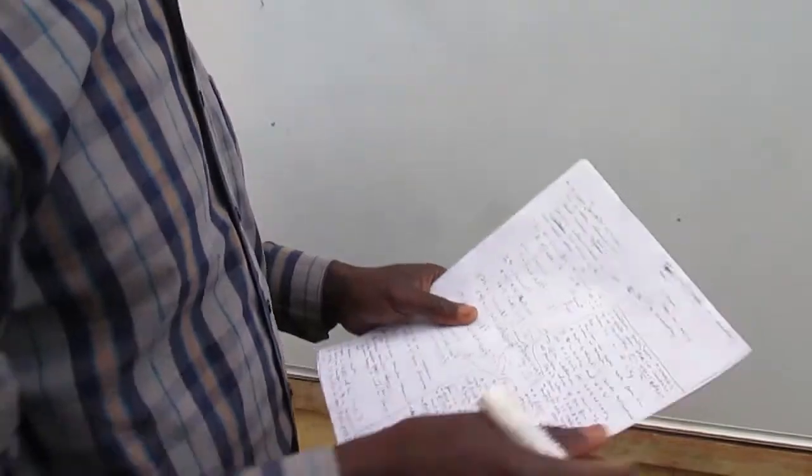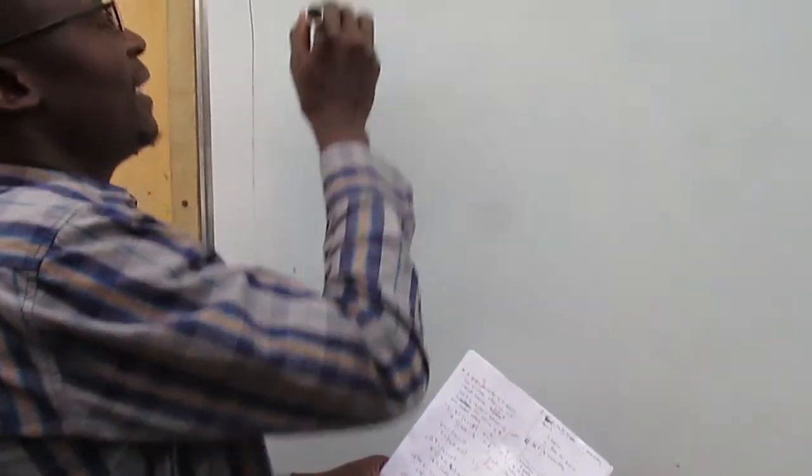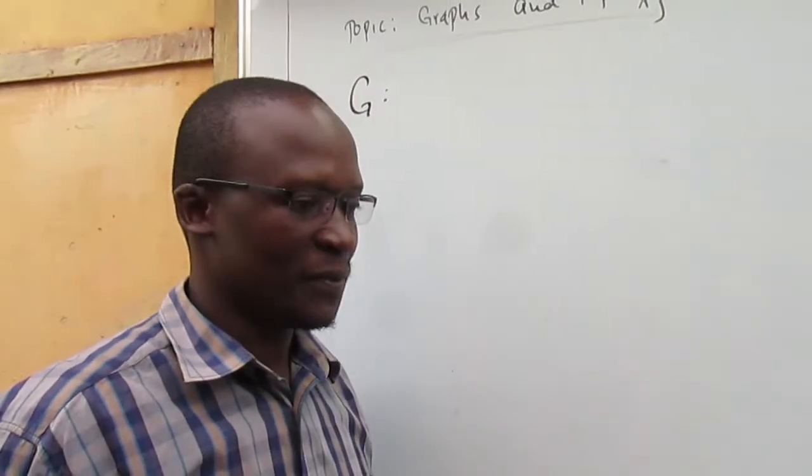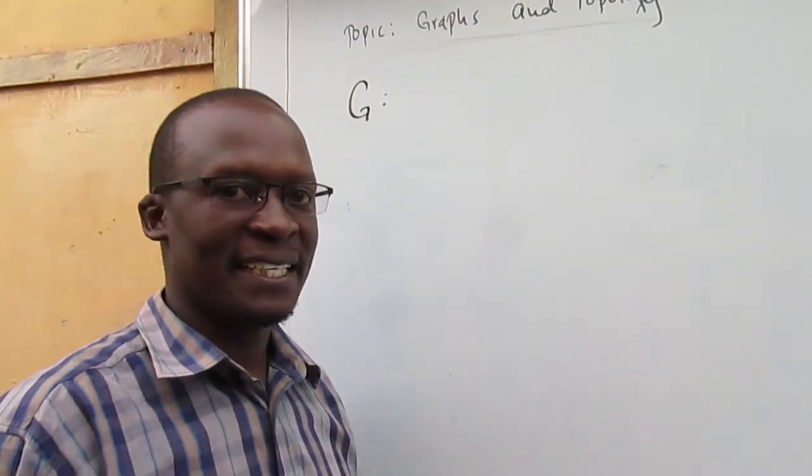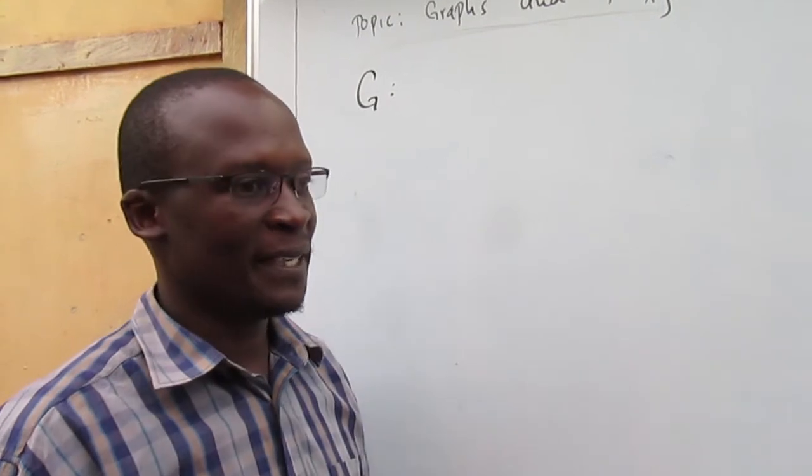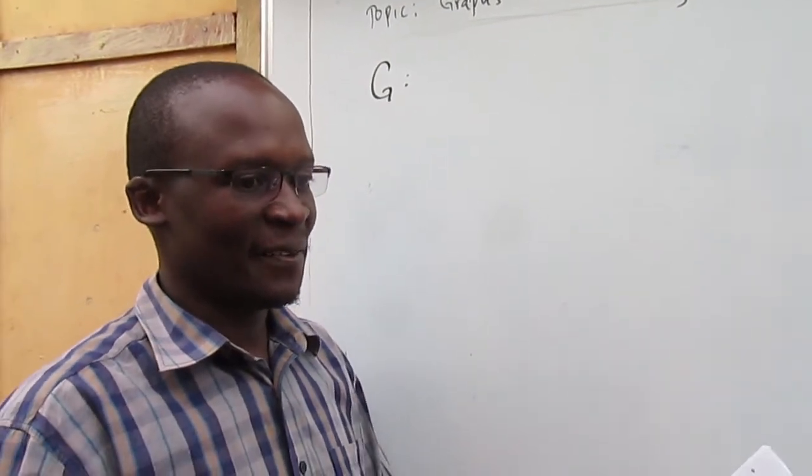So we'll use the letter G to denote a graph, and by definition a graph consists of two sets. We have a set of vertices together with what we call edges connecting these vertices.